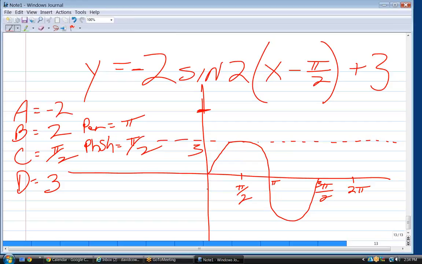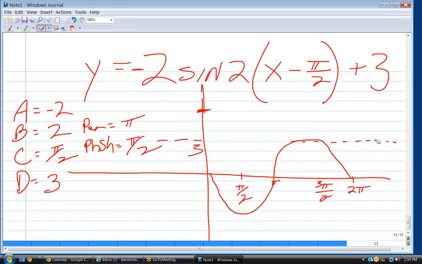In other words, my initial curve, let me erase what I have here. My initial curve looks like this. That is y equals minus sine of x. Now I do everything to it.